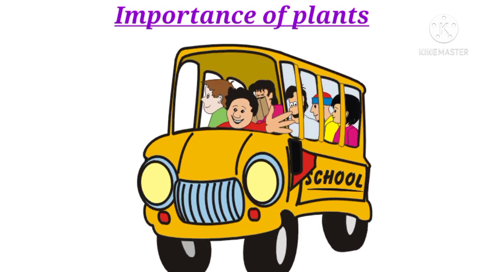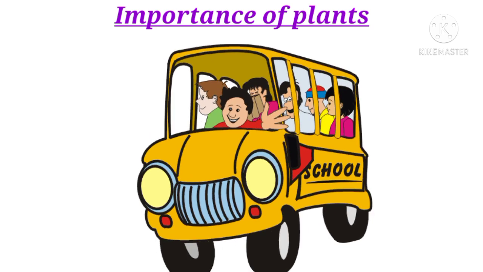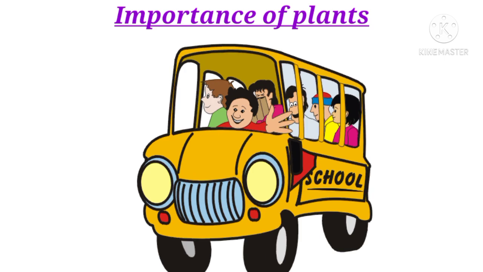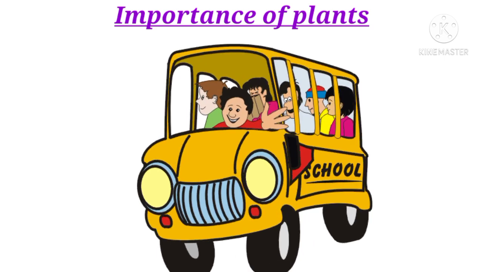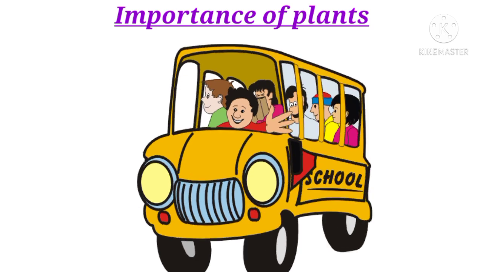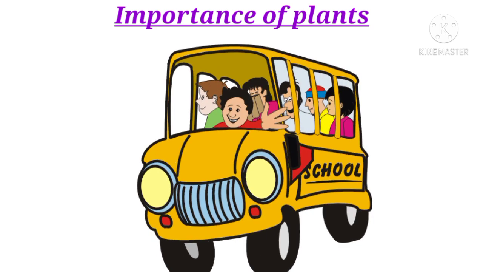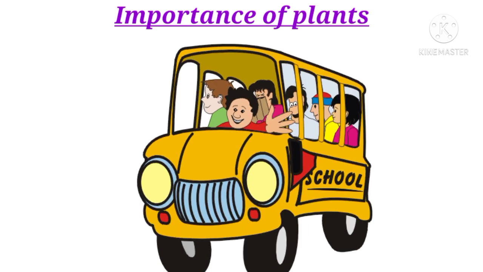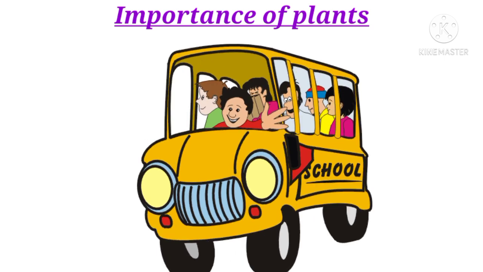To know the importance of plants, Rashi's class was going to visit a park today. They were traveling by the school bus. During the bus journey, the teacher, Miss Roy, asked them about the importance of plants.